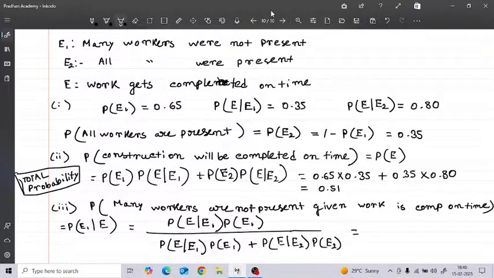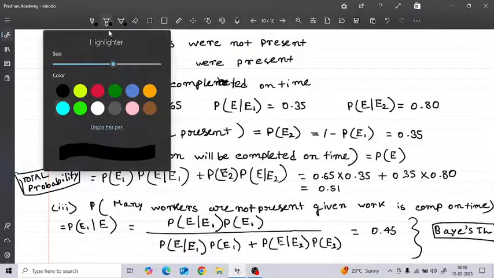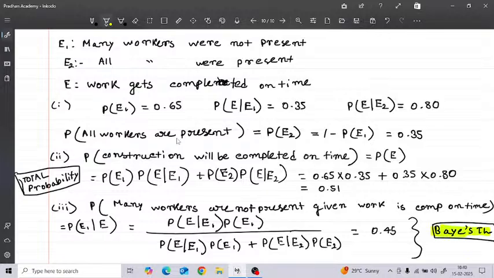So by putting them you will get the answer 0.45. So this answer is calculated by Bayes theorem. This is also a very important topic for your exam. Bayes theorem and total probability.